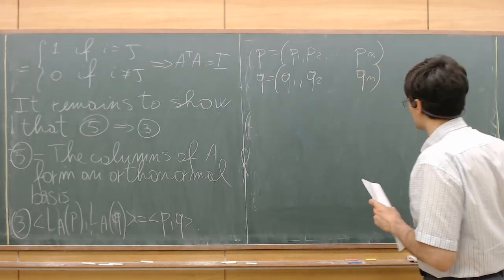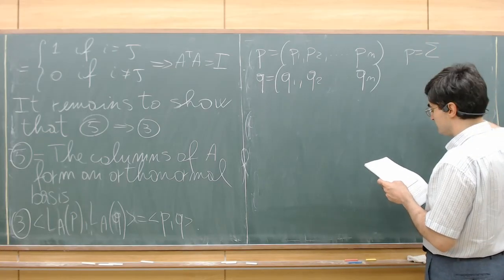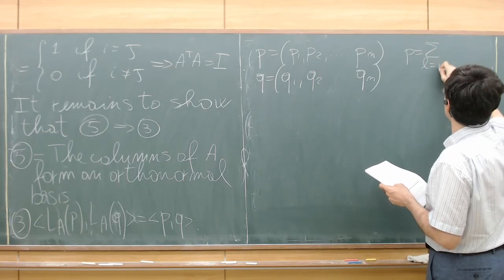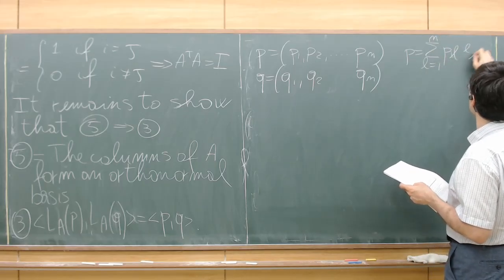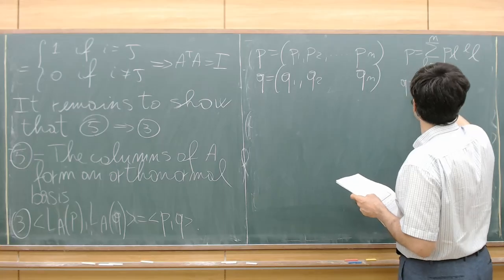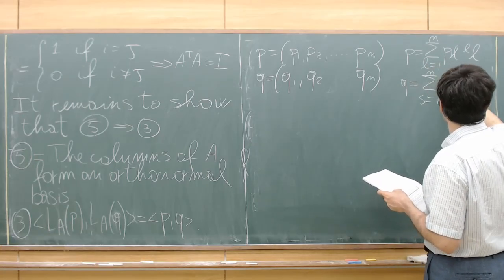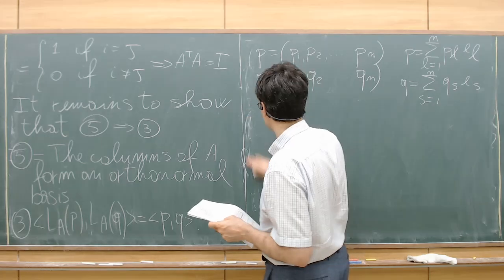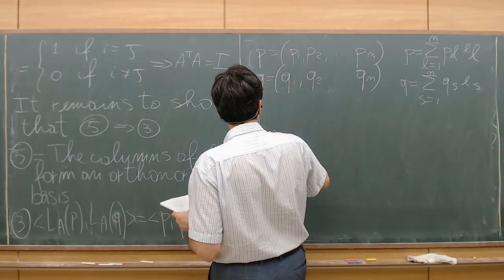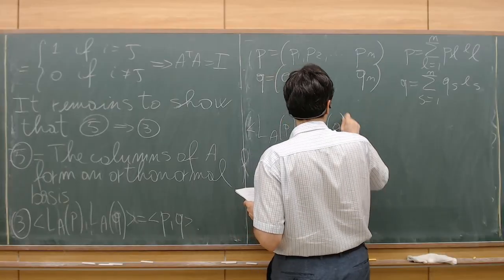In other terms, P is equal to the sum on L of PL EL, and Q is the sum on S of QS ES. So what is then LA P multiplied by LA Q?